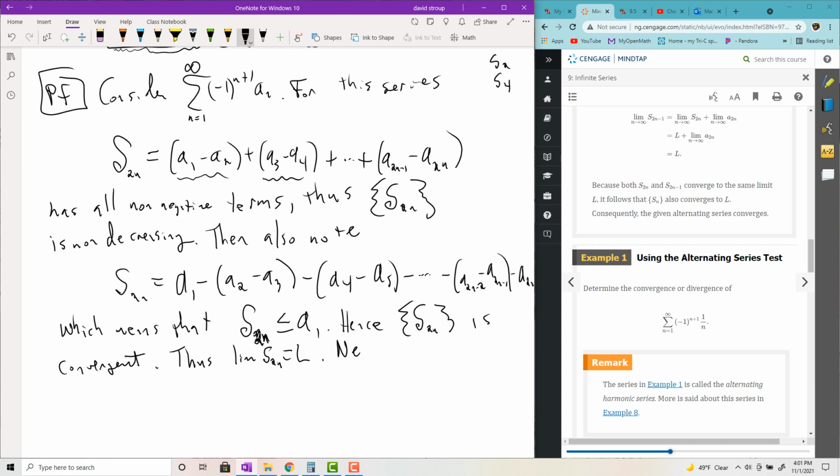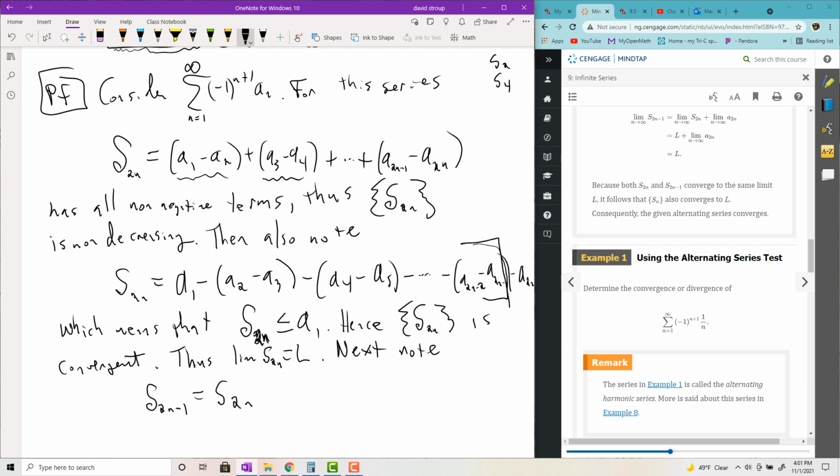Next, then, note we can write s sub 2n minus 1 as s sub 2n, and then so how would that work? That s sub 2n minus 1 would be like right here, right?